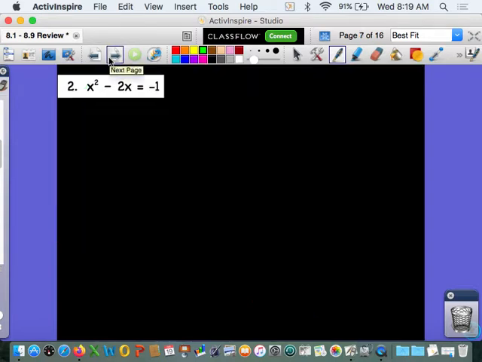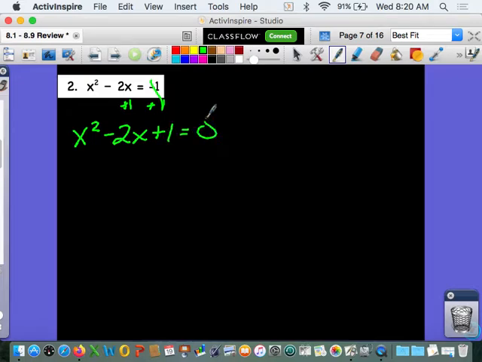What do I do first? Get it equal to 0. How do I do that? Add 1. Okay, I have a question. Did it tell us what method to use? No. Could I do completing the square on this one? It's half there, right? It is. I could complete the square, but you guys said to add 1, so add 1 on both sides. When I add 1 on both sides, I am left with x squared minus 2x plus 1 equals 0.